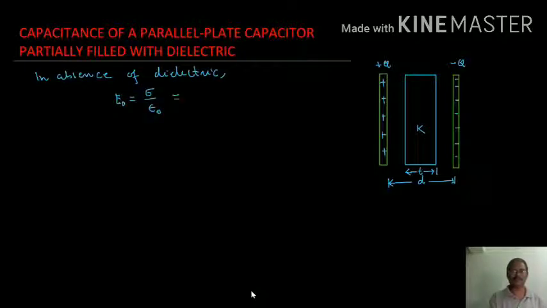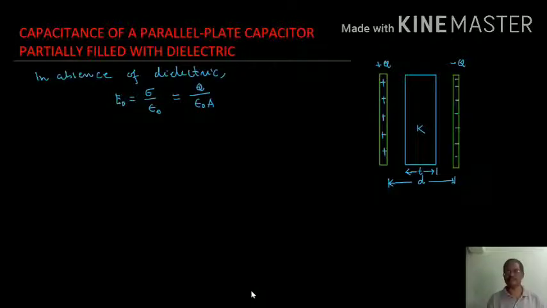Sigma is the surface charge density, that is equal to Q by A. So E0 is Q by epsilon 0 A. This is the electric field in the space between the two plates of the capacitor in the absence of dielectric.